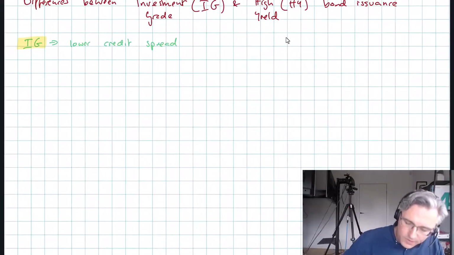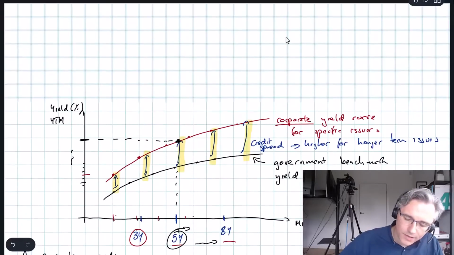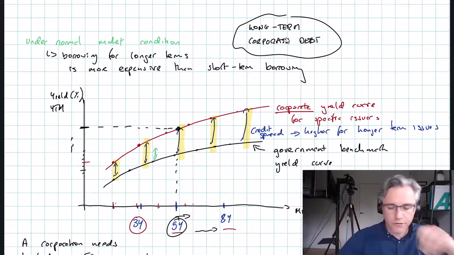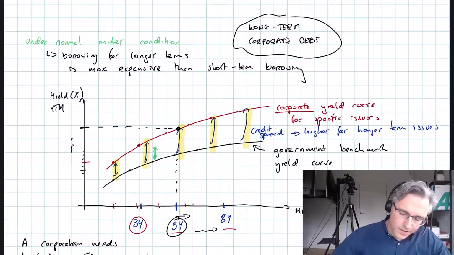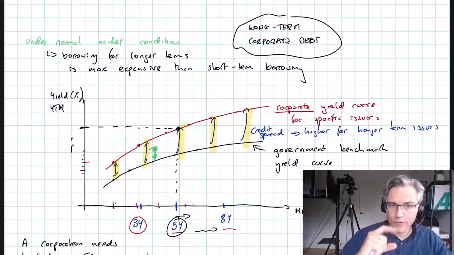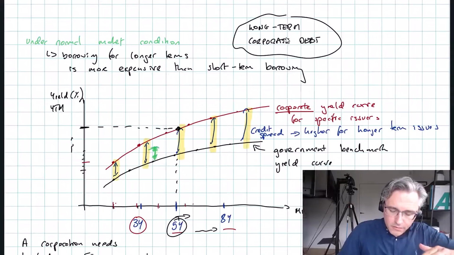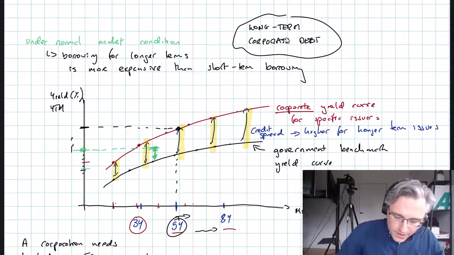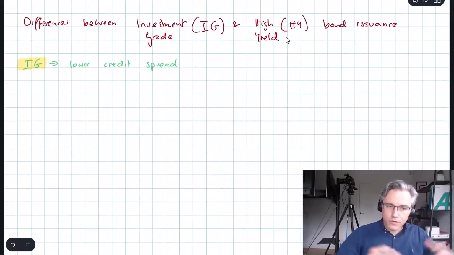Because the spread above the government benchmark yield is going to be relatively small, that green little interval here, which is supposed to denote a low or narrow spread, is going to make up a smaller portion of the overall yield. So if the overall cost of issuing a bond or the yield for investors is this much, the spread over the benchmark curve is going to form a relatively small proportion of the overall yield.